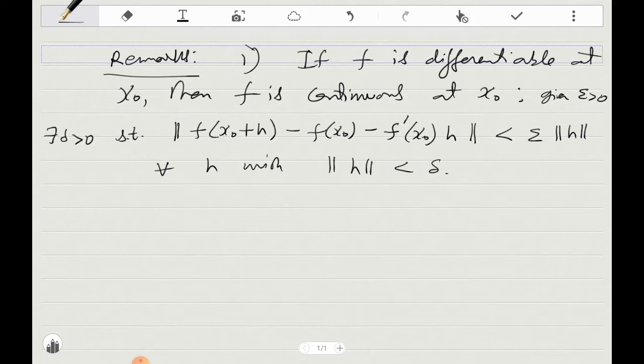And now it's just a matter of taking limits on both sides. So take limits, h goes to 0 on both sides.